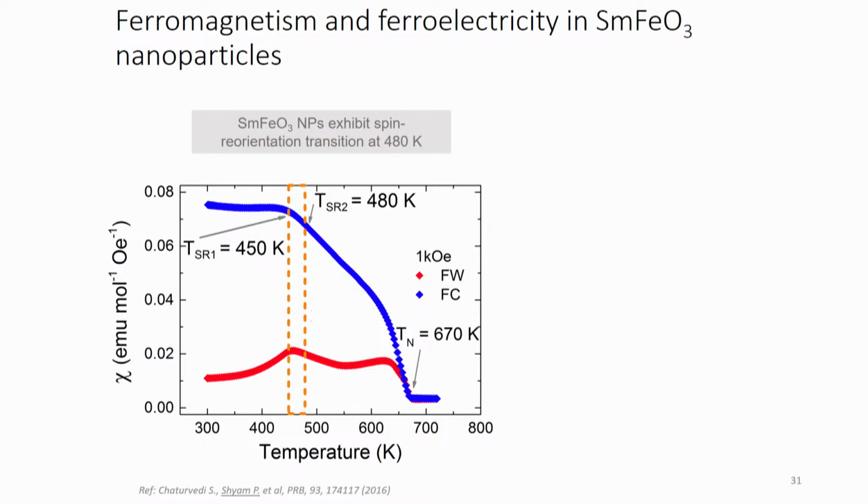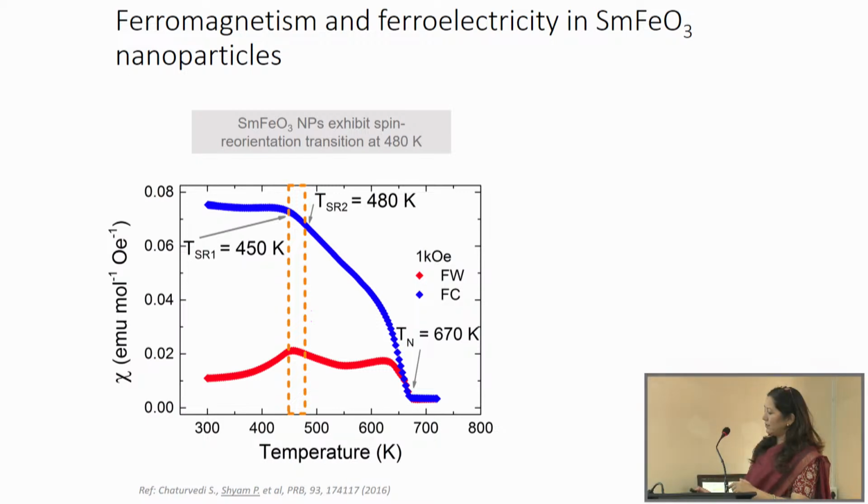Then we saw that there is a transition at 480 Kelvin, which is a spin reorientation transition, so spins are reorienting at that transition.